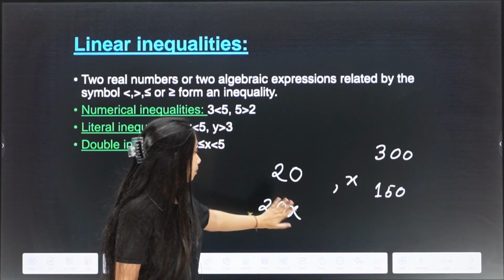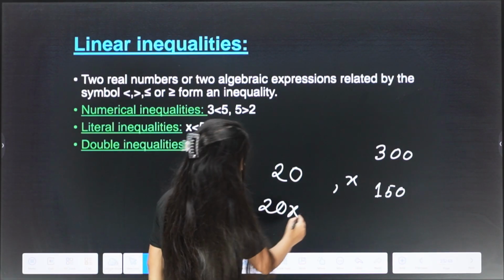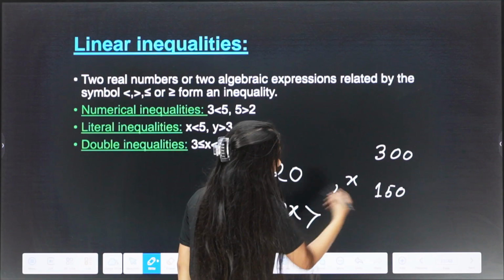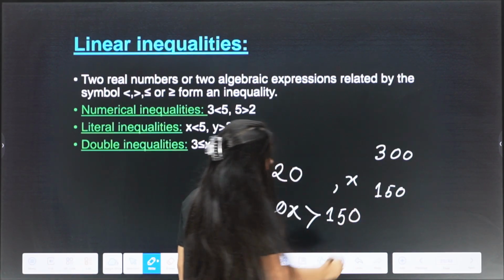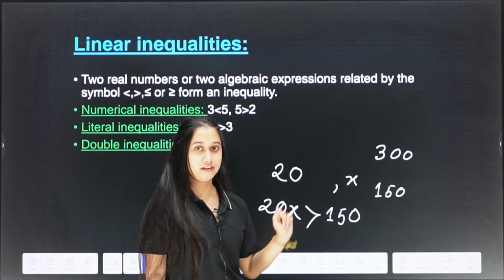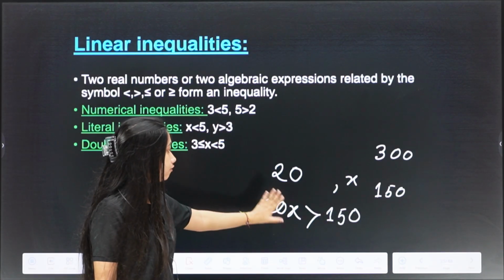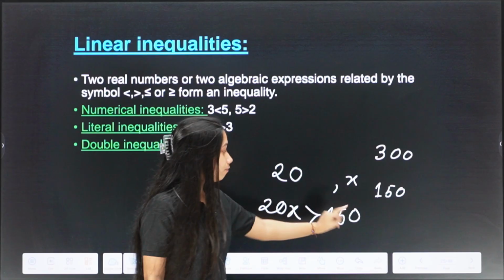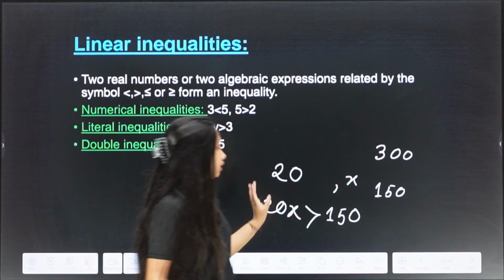That is, the price of 20 flowers is greater than the rupees I have. Since the price of 20 flowers is 300, but I have only 150 rupees, the price of 20 flowers is greater than 150. So I will not be able to buy these flowers.